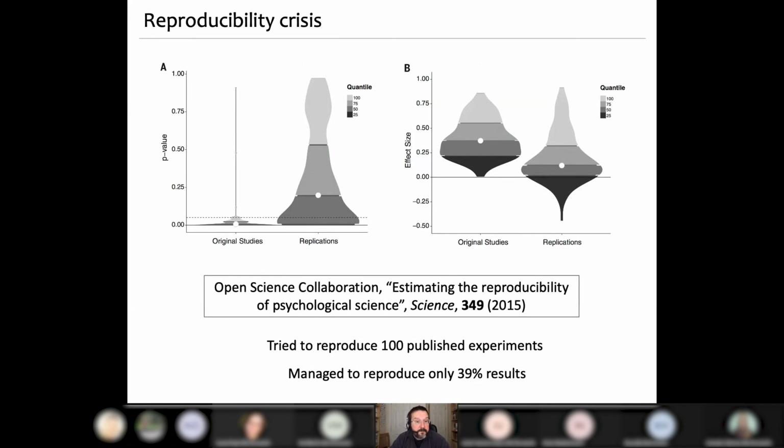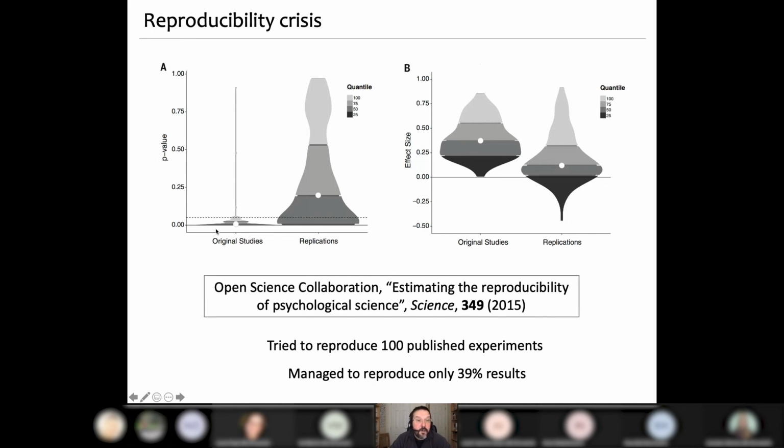It gets even worse. In this paper, the authors tried to reproduce 100 published experiments in psychological science. Instead of just checking whether experiments were done correctly, whether the power was all right, they actually reproduced entire experiments. And you can see the results, the comparison between original studies and replications. These are the p-values.